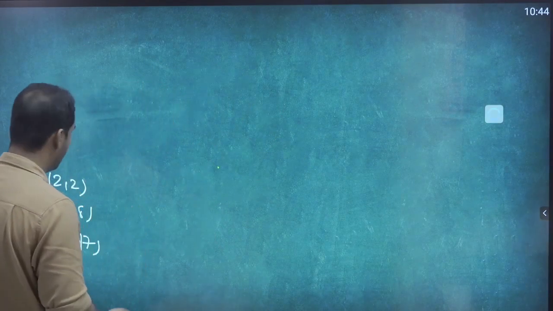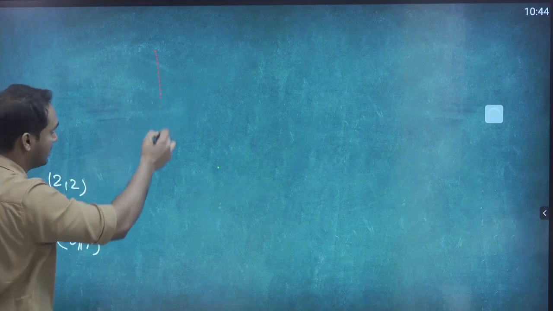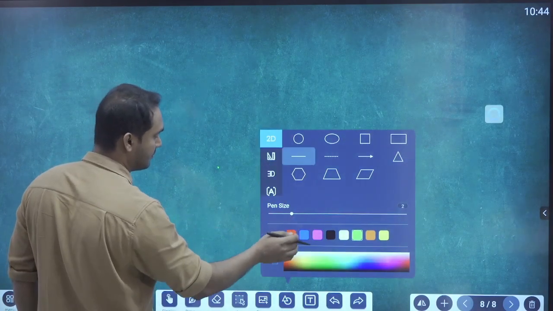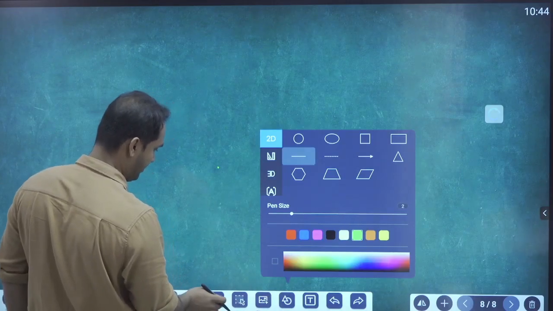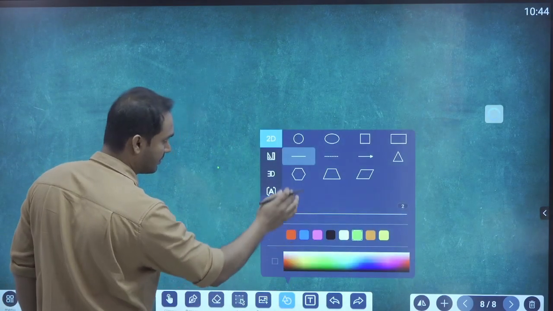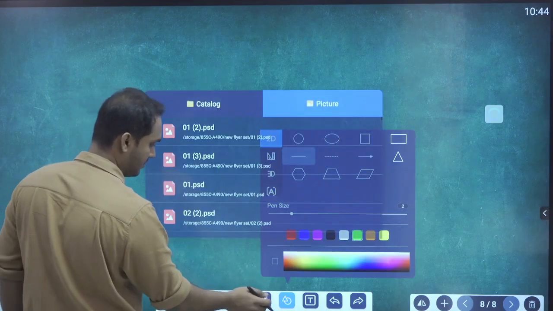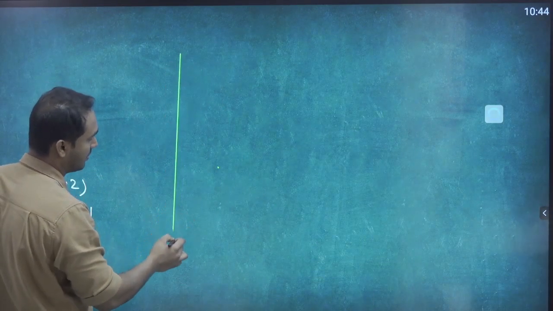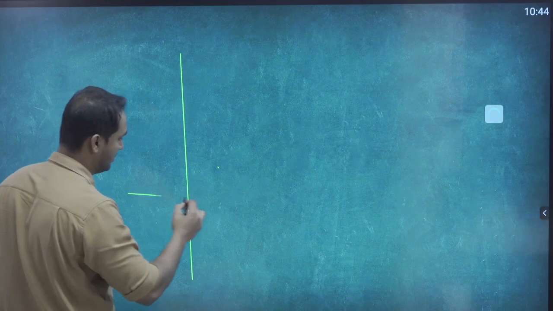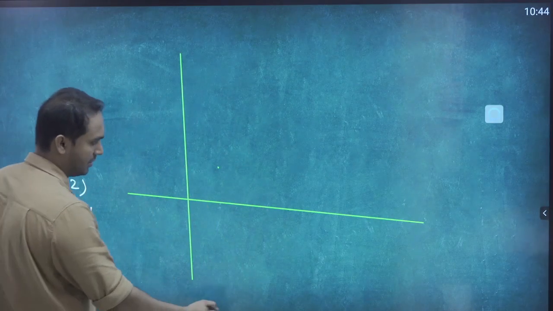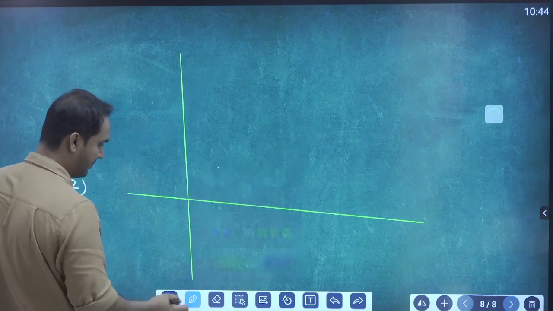Let's draw the graph and take the points on it. That is the best way of doing it. So this is the y-axis and this is the x-axis, right? Now tell me the values.